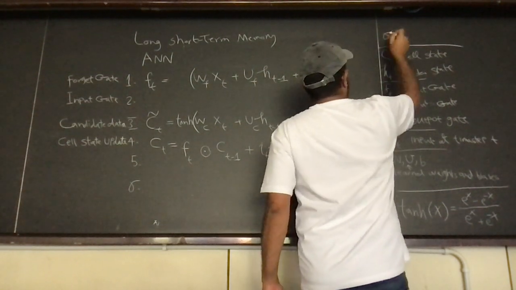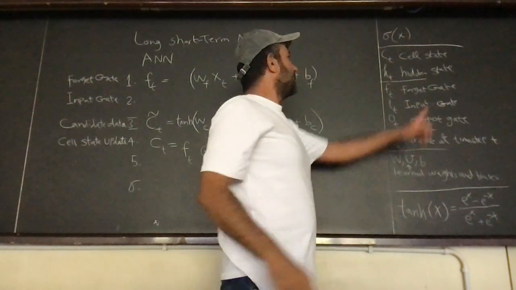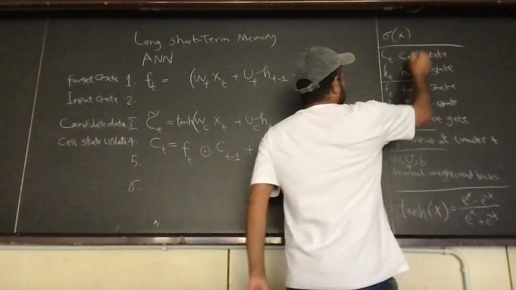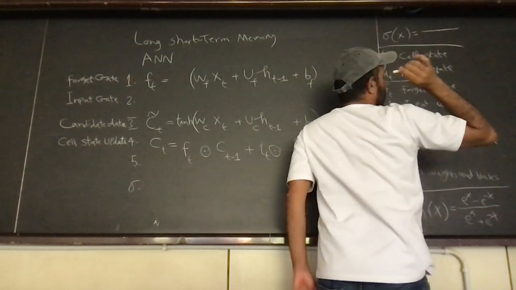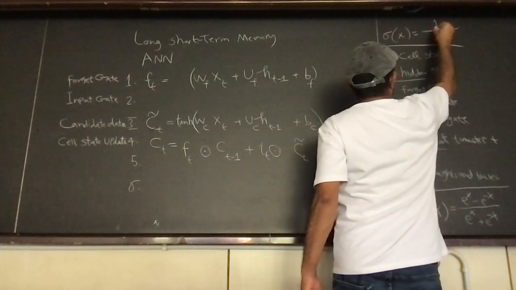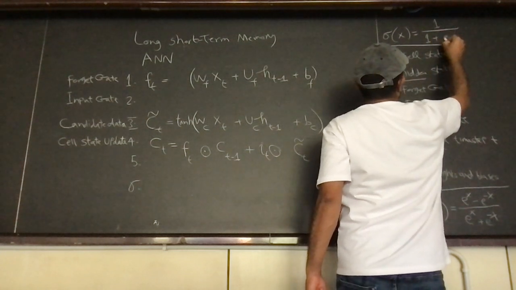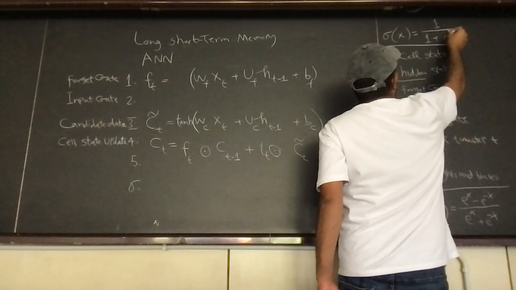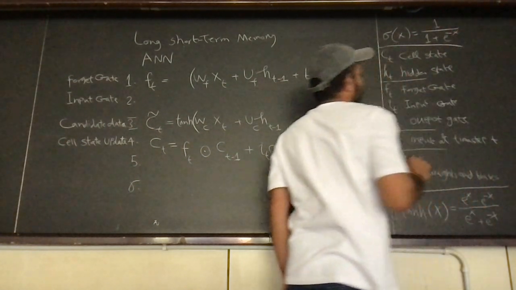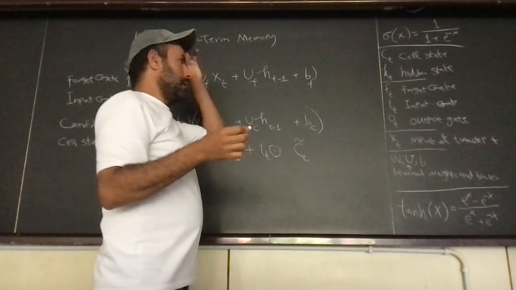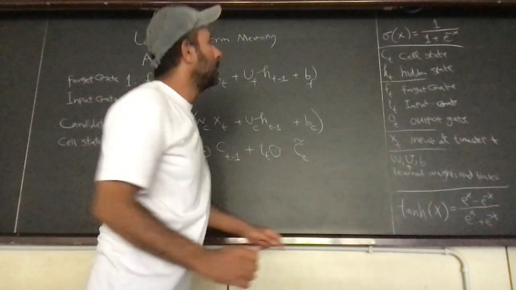We usually give it the symbol sigma, and this function takes as input x and squashes it into values between 0 and 1. And this is the equation: 1 over 1 plus e, the Euler number, raised to minus x. And x here is a vector. You can see it here, yes.